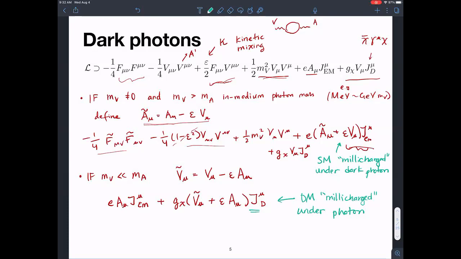Yes, question? So will there be some sort of Cherenkov radiation in the dark sector? Would there be Cherenkov radiation in the dark sector? As in, whenever I see something that is charged and travels faster than the photon in that medium, I think, oh, Cherenkov radiation.